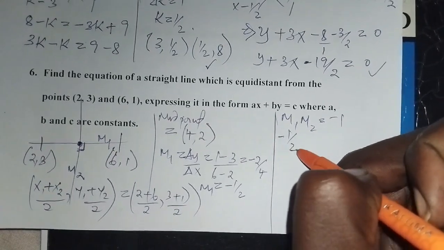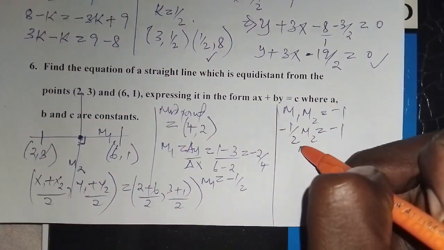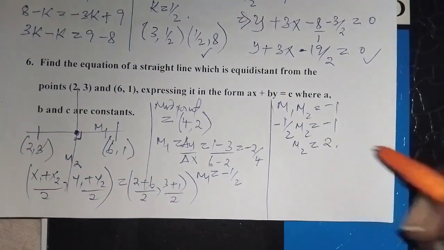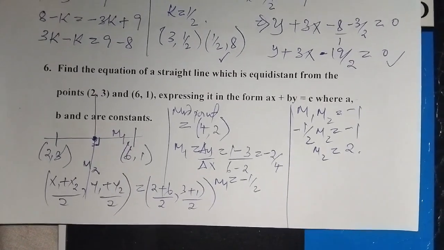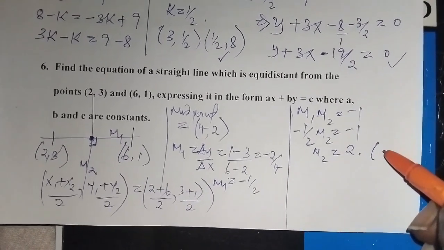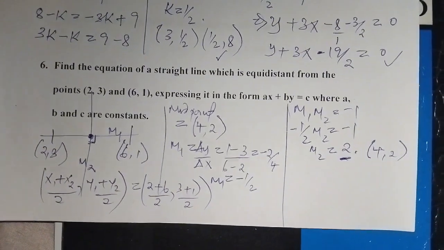So negative a half times m2 will give you negative 1. It implies that m2, times negative 2 on both sides, is positive 2. So that bisector passes through point (4, 2) and the gradient is 2.